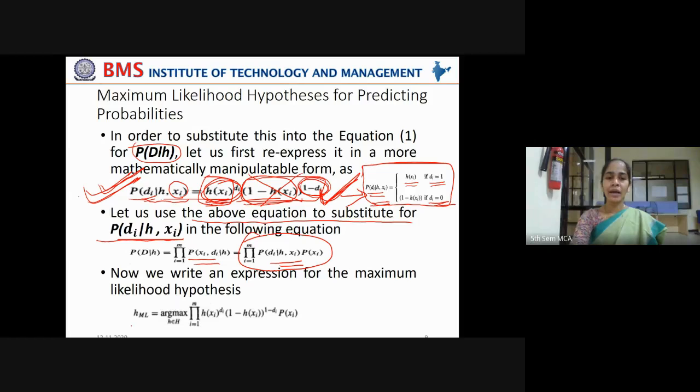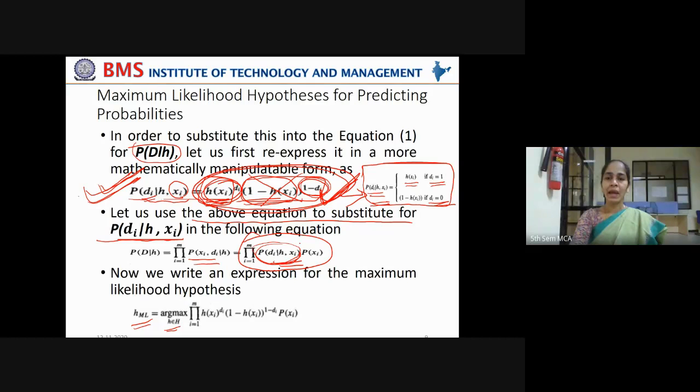Okay. Now, the maximum likelihood hypothesis can be represented as argmax over all the hypotheses h that belong to the hypothesis space, of the product of, into this term, you are substituting this equation, that is h of xi power di multiplied by 1 minus h of xi power 1 minus di.